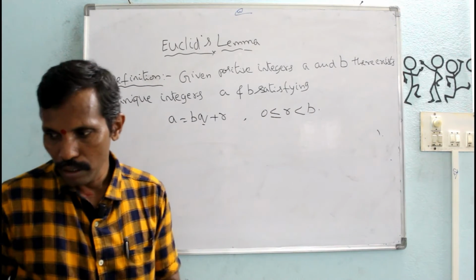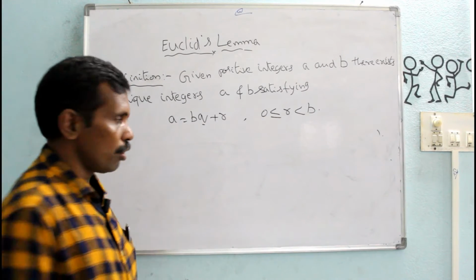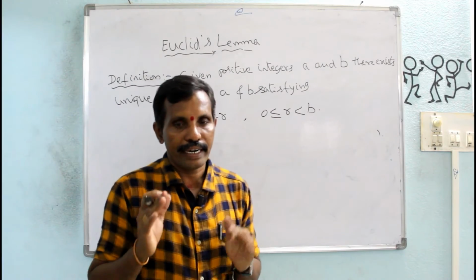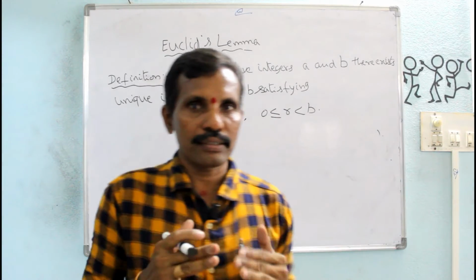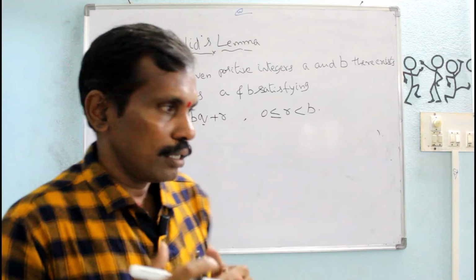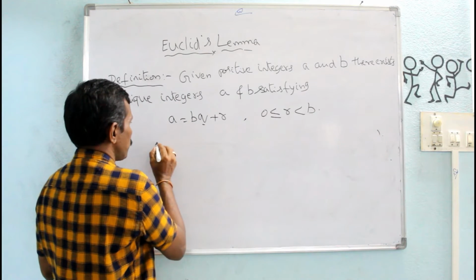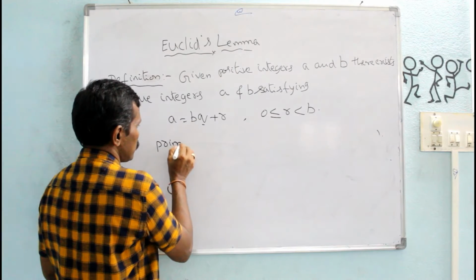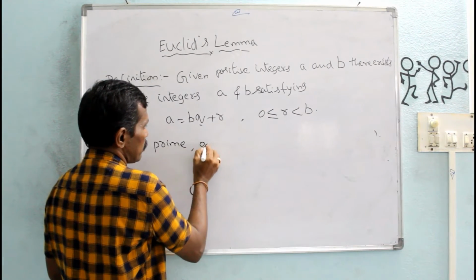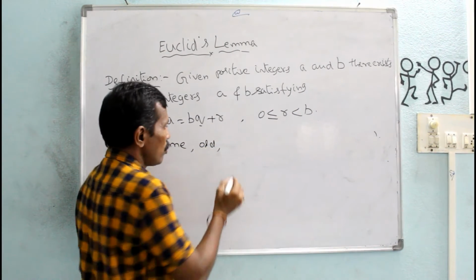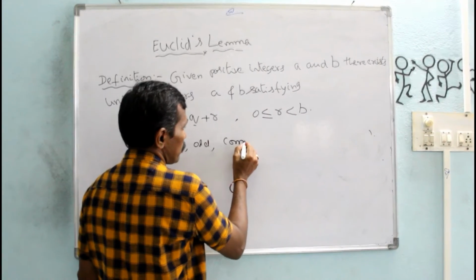Before that we have to know about some tricks, some ideas in numbers. What is an even number? What is a prime number? What is odd? What is a composite number?